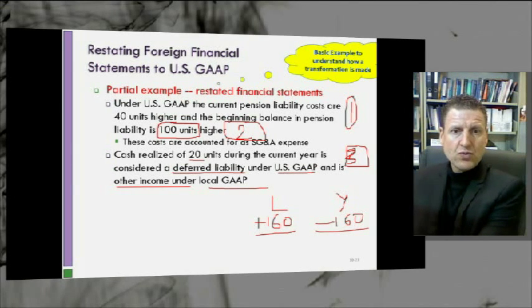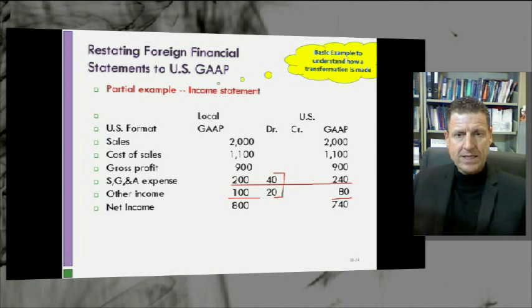Remember, cash realized of 20 units during the current year is considered a deferred liability. Okay, so it's a deferred liability under US GAAP. So we cannot add it to our other income during that period when we move from local GAAP to US GAAP. All right, so we've got 20 less income here. We have 40 less income as a result of recognizing 40 units of more expenses here. So this is our 1 and this is our 3.